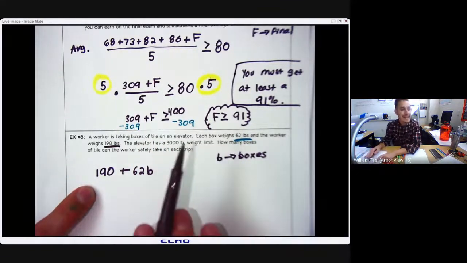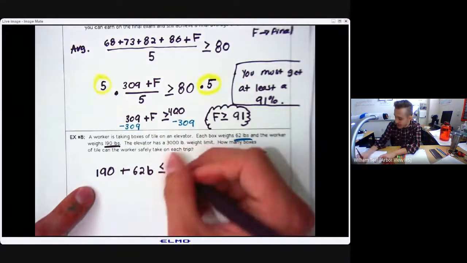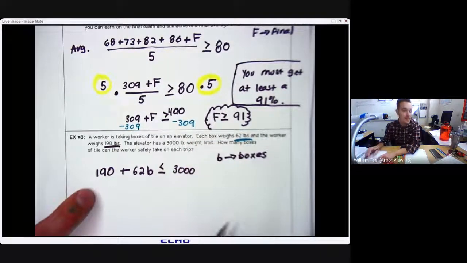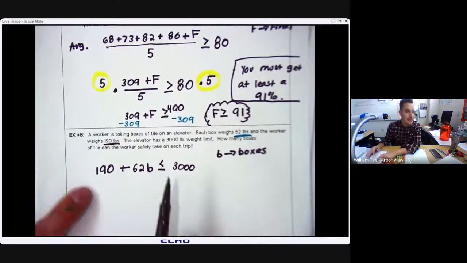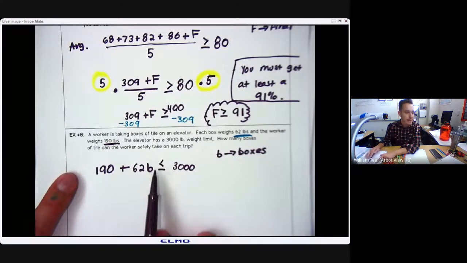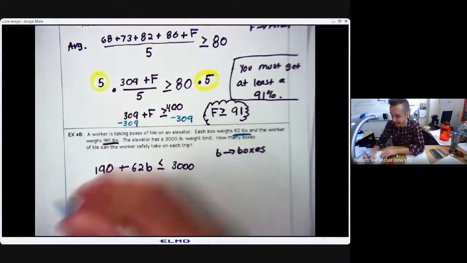This number has to be less than or equal to 3,000. It cannot be any above 3,000. Otherwise, you will not be safely riding the elevator. So now we're going to get B by itself to figure out how many boxes we can take onto this elevator. I'm going to subtract 190 from both sides.